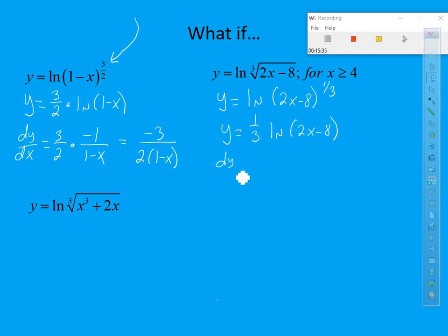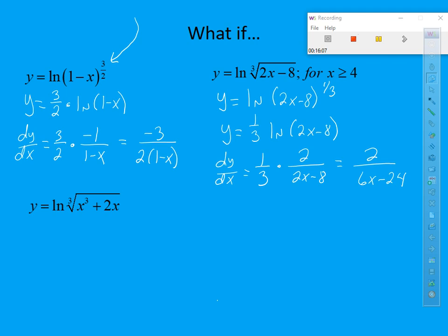The derivative of this will be the 1/3, that original power, times the derivative of what you see over what you see. Now we're not done yet, of course. Let's try to simplify this. This becomes 2 over, if I distribute this 3 inside here to show you something, I've got 6x minus 24.